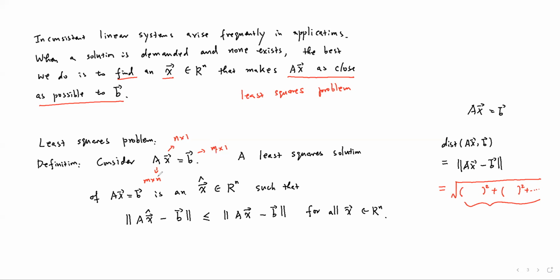Here I assume A is m by n, so A has n columns: first column a1, a2, up to n columns.